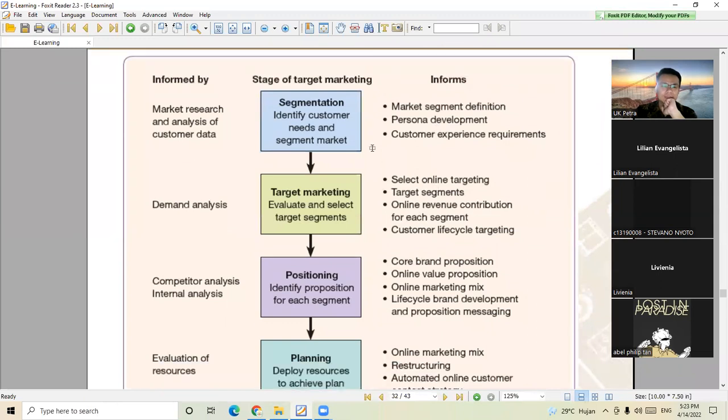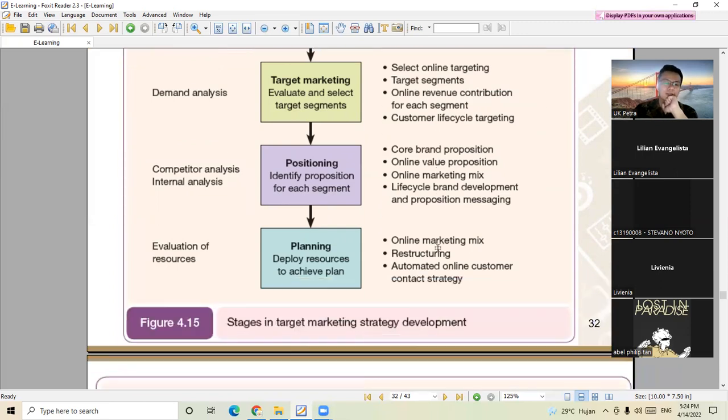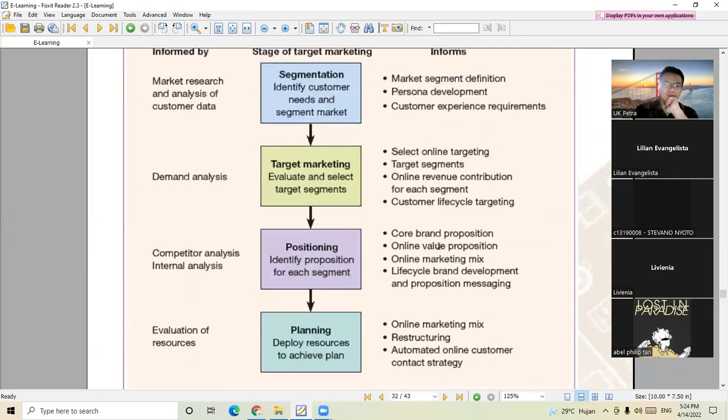We get the information for segmentation by doing market research analysis of customers' data. The result of the segmentation is what we can see on the right side of these pictures. The segmentation can inform the market segment definition, the persona development, the customer experience requirements, and so on. So I think Figure 4.15 is very useful.